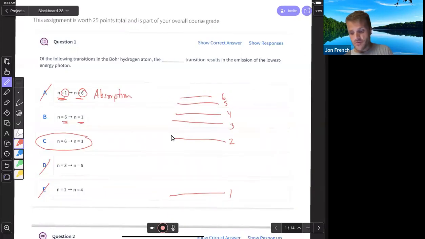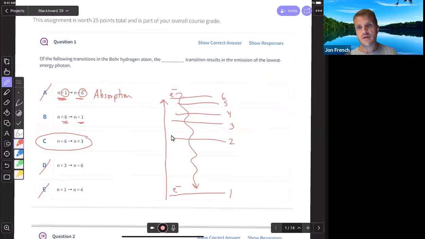So for me to go from energy level 1 to energy level 6, I had to absorb a lot of energy. Well, on the way back down, if I'm this electron that went from 1 to 6, that electron has to release that energy. So going upstairs, we're going up higher in energy. On the way down, we're going to release energy, and electrons are going to release that in the form of a photon of light. They're giving off a photon of light of equal energy to that transition.